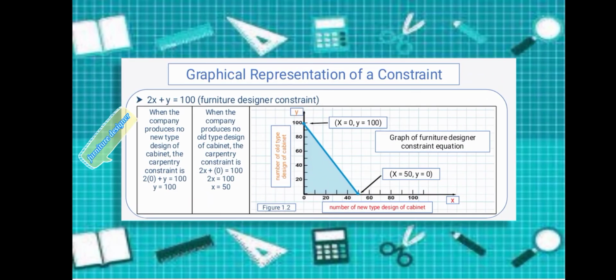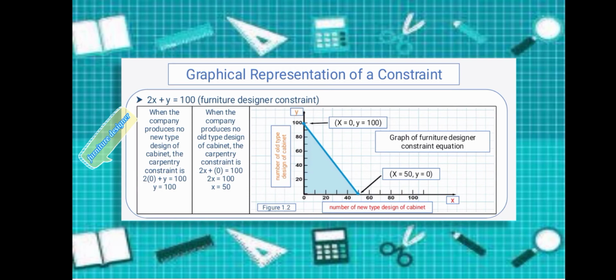So now let's proceed to the second constraint, which is the furniture designer constraint. Ganun din ang gagawin natin kung walang bagong design ni cabinet. The furniture designer constraint is 2 times 0 plus y is equal to 100. Then 0 plus y is equal to 100. So we have y, which is 100.